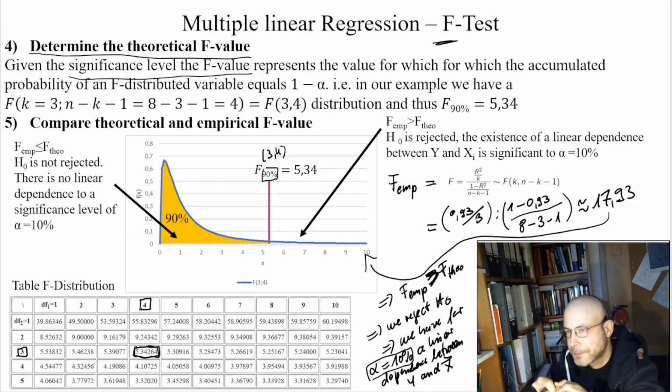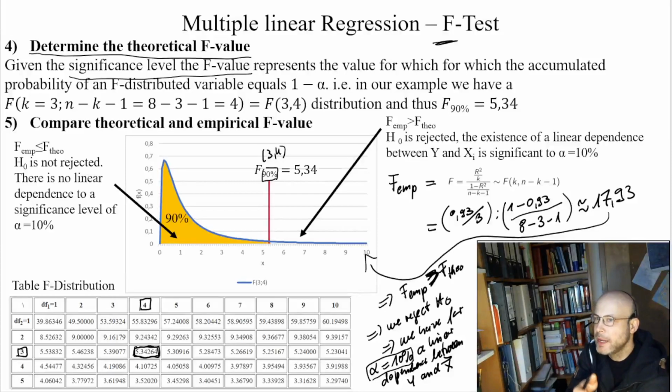And if we are larger, then we can reject our null hypothesis. And usually you always formulate your null hypothesis in such a way that in the end you want to reject these null hypotheses.